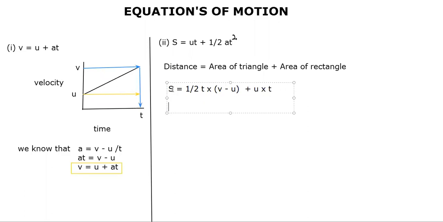Now you just have to solve this. So I can write s is equal to ut plus half t into bracket v minus u.